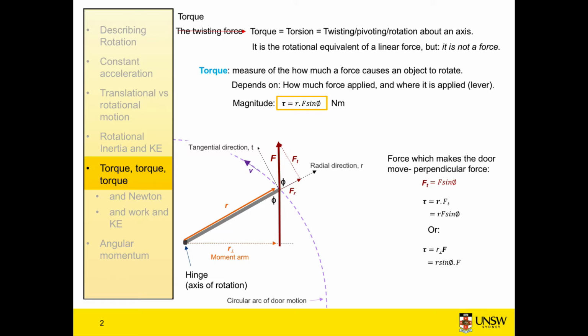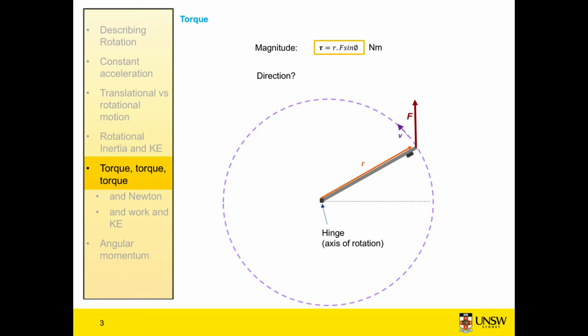And so we need to find the direction. If you remember from our previous video, when we were talking about the direction of rotational vectors, the direction did not give us the direction of movement, but rather the direction of the rotational axis. So our torque is equal to R times F sine phi. And we know from our investigations into the cross product in the very first video that that is exactly the definition of the cross product.